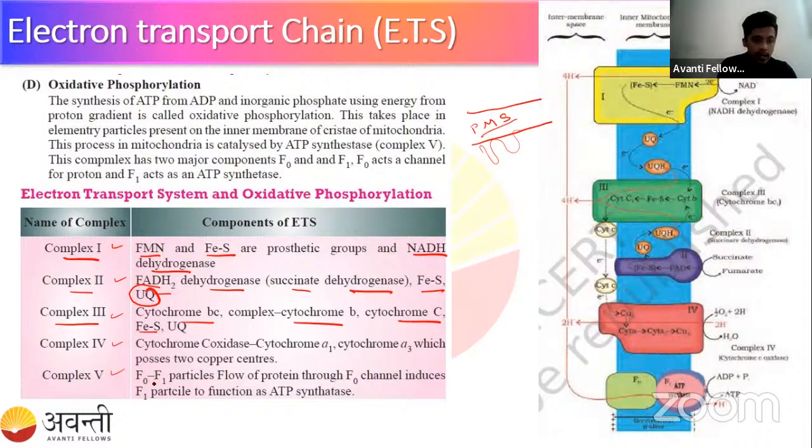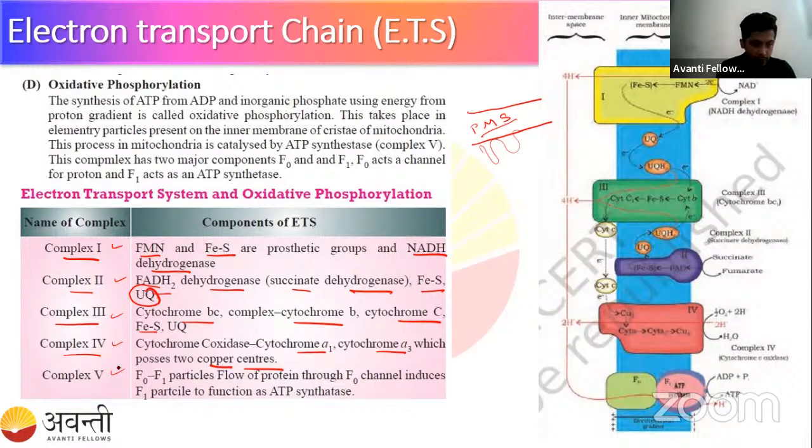Clear? When it comes to complex 4, here also we have cytochrome c oxidase. When it comes to complex 4, remember cytochrome a and cytochrome a3. So why are cytochrome a and cytochrome a3 important? Because they have something called copper centers, which is very significant.